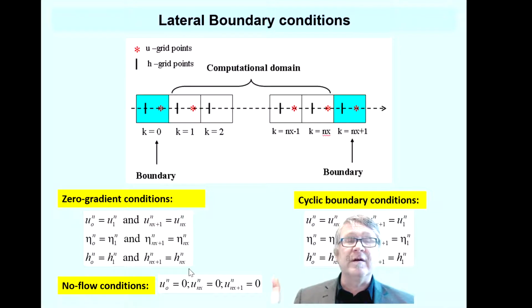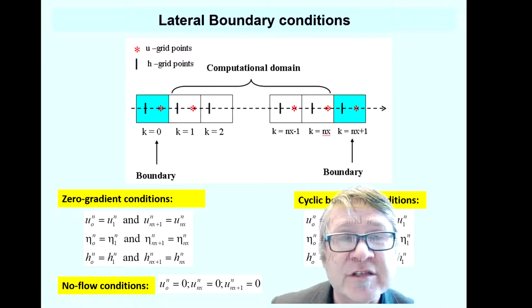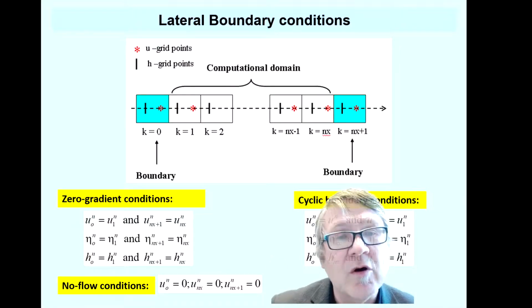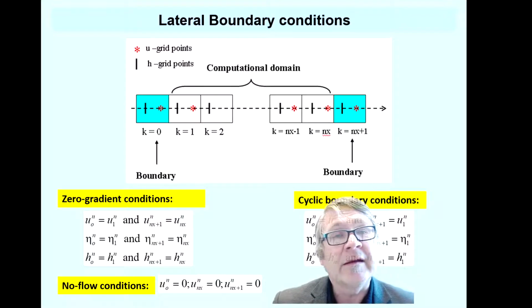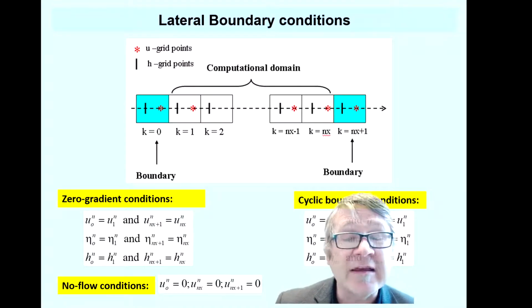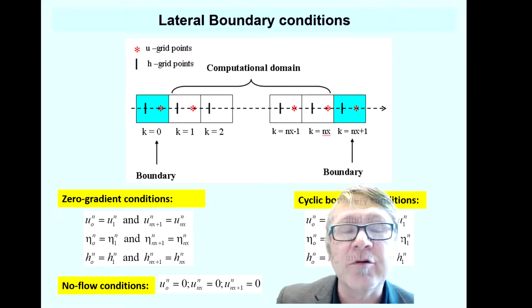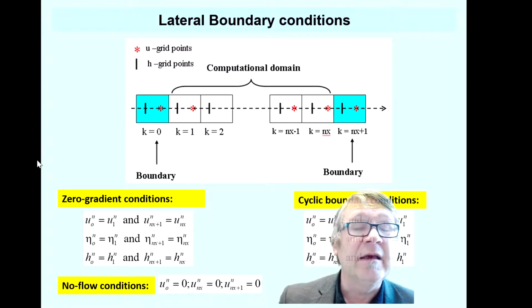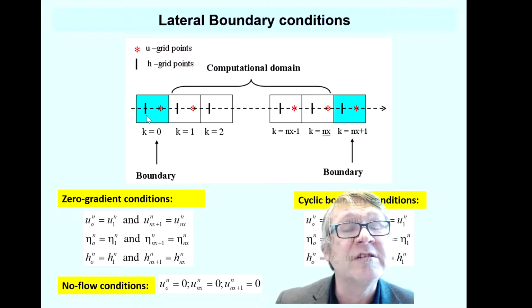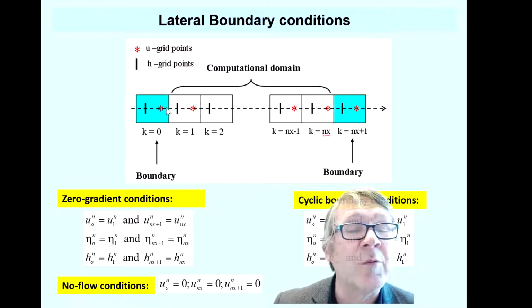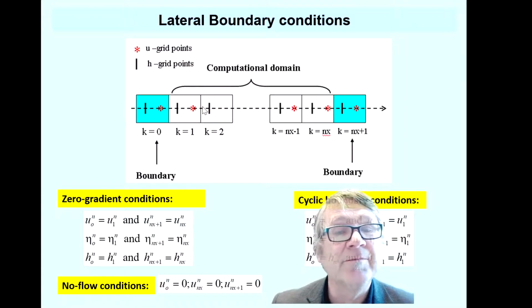If you use a 0 boundary condition, it means that the velocity is always 0, and it has a certain implication. What you also could use, what sometimes is used, is called zero gradient conditions, which means that the value in the ghost cell is the same as the one in the adjacent grid cell, zero gradient.